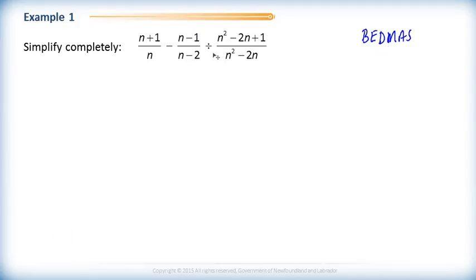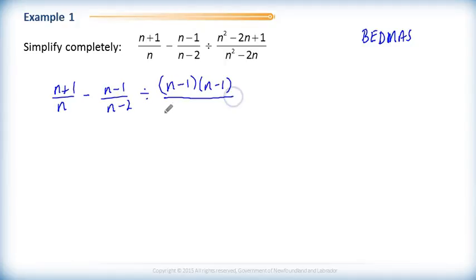So when we divide, we're going to have to multiply by the reciprocal, but we should factor everything first so that we can get our non-permissible values we need. So we have n minus 1 over n minus 2 here, divided by n minus 1 again, or n minus 1 squared, if we want to write it that way.